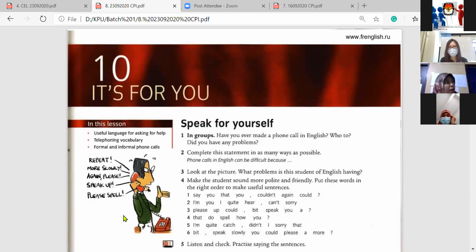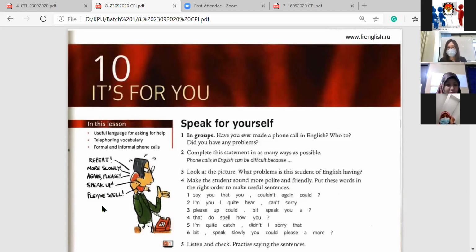Okay, cannot hear very clearly. And what about the last two here? Speak up. What does speak up mean? The volume is low. So speak up means to ask to speak louder. Very good.